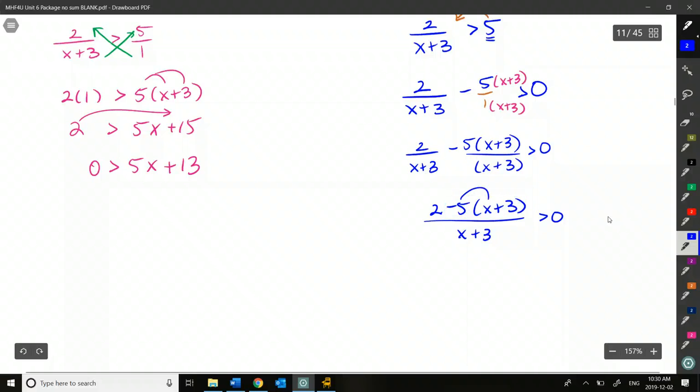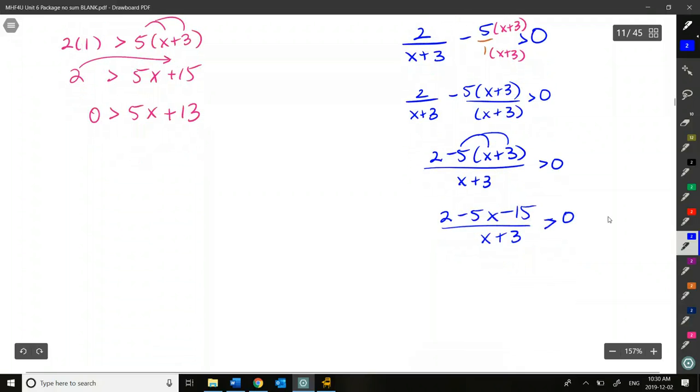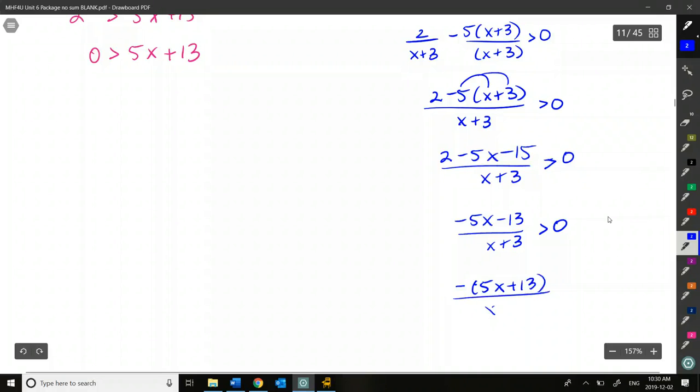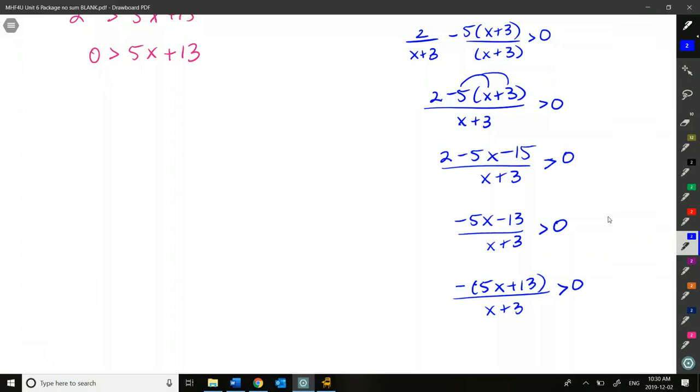So just make sure that your negative goes into each term there. Okay, and then what I would do is I would just identify the zeros and restrictions from here, and I would make my sign chart.